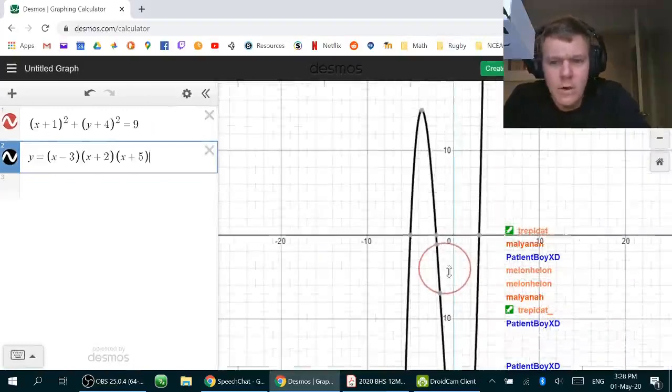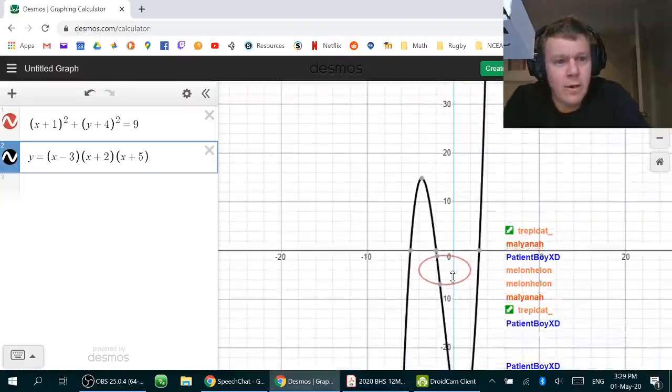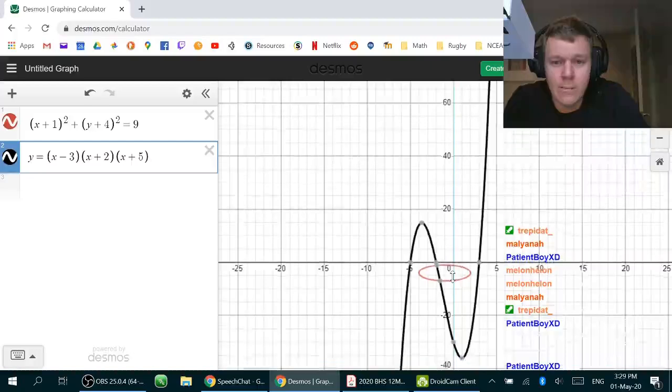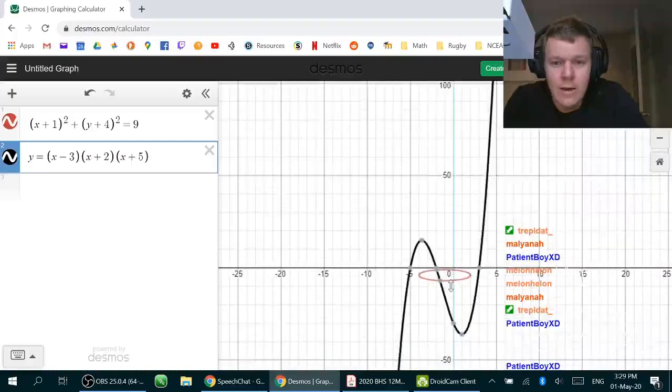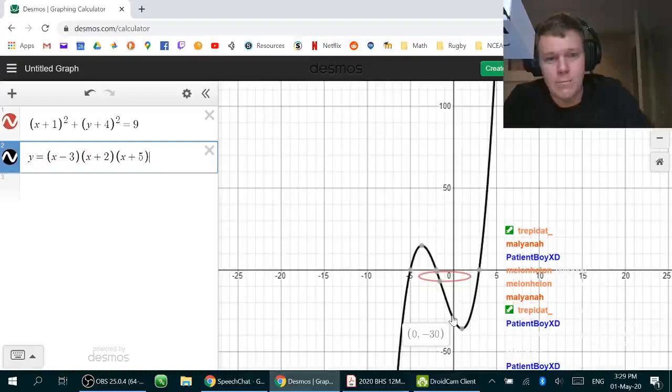If you hold shift, you can squeeze an axis. So what I'm doing now, I'm holding shift and hovering over the axis and rolling my scroll on my mouse, and that allows me to squeeze the y-axis, which is really handy with cubics because generally they get really massive in the y direction, because you're multiplying x by itself 3 times over.